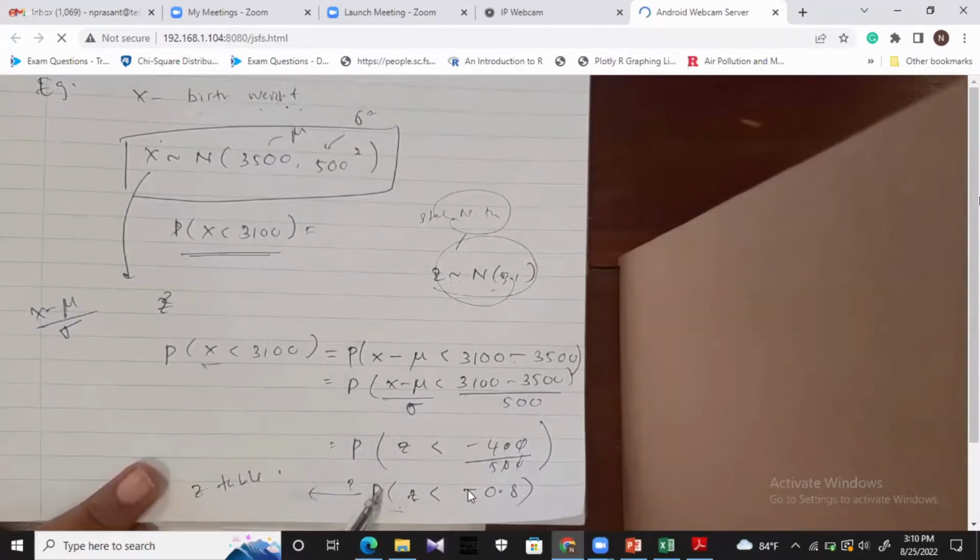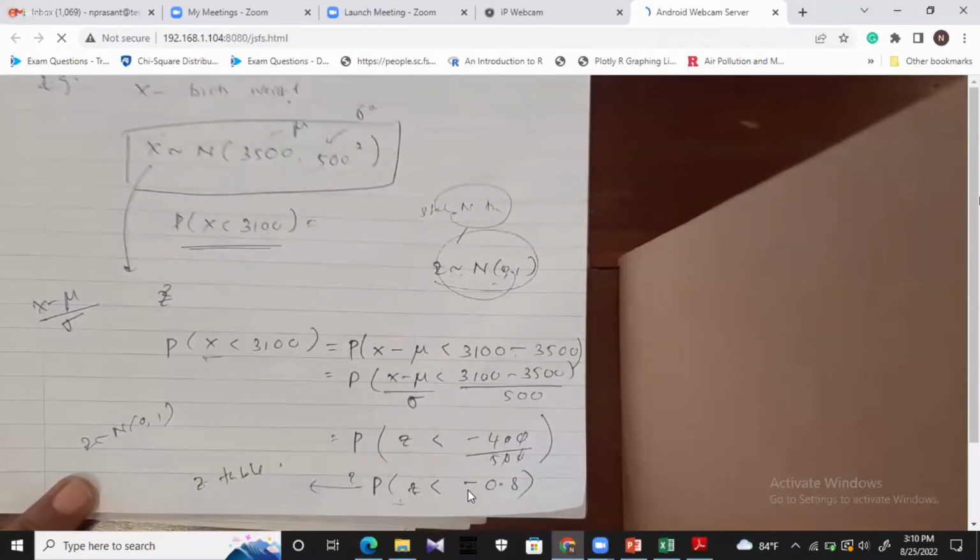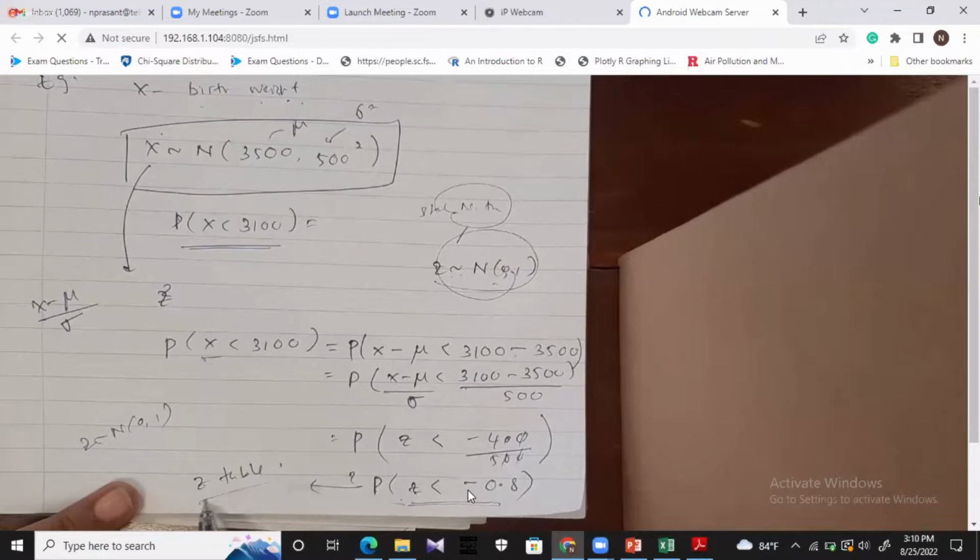So here also we have converted our x into z, with mean 0 and variance 1. So you can read this probability from the Z table. That's going to be the answer for the required probability.